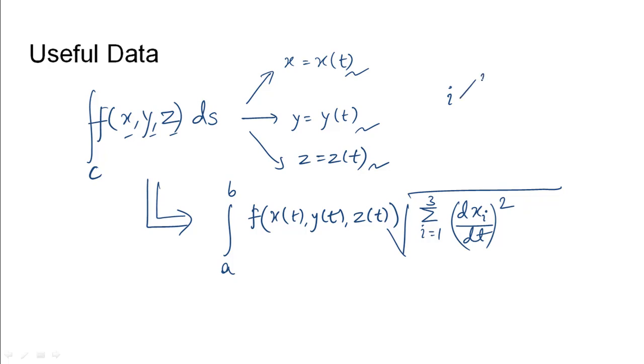Here i indicates x, y and z, so i goes up to 3. This is into dt. So using parametric substitutions we can find the line integral. It can also be done using simple integration principles if the question allows so.